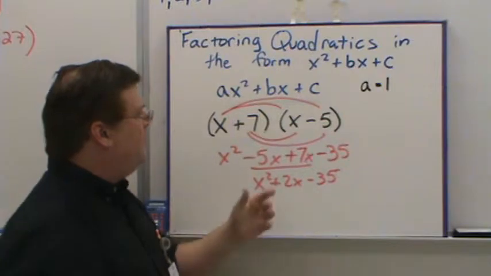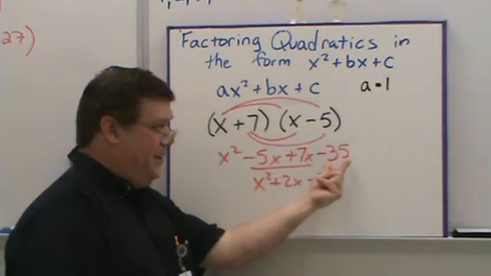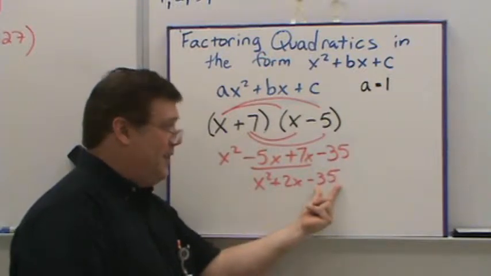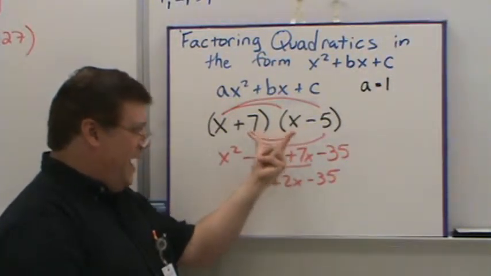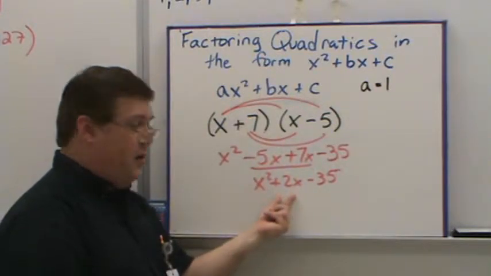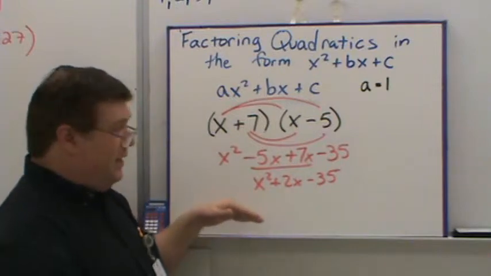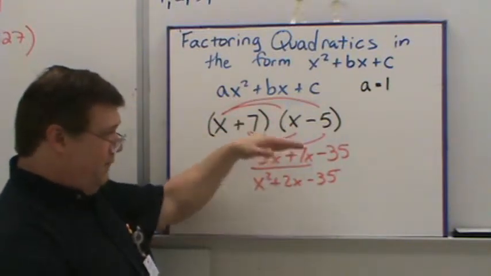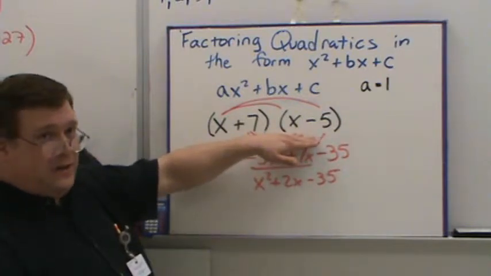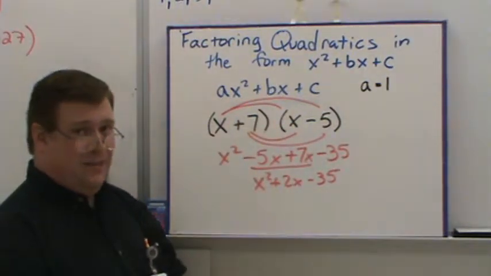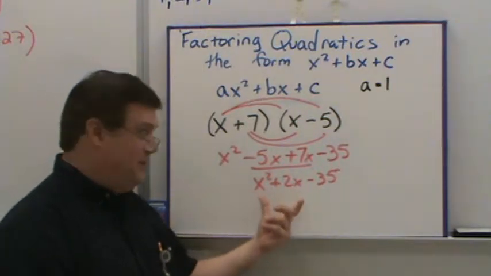Now you'll notice that these two numbers, when multiplied, gave us this number on the end, the constant on the end. And those two numbers, when added, became our coefficient in the middle. Factoring is going backwards, going from your answer, your product here, to the two factors you had to multiply to get that quadratic.